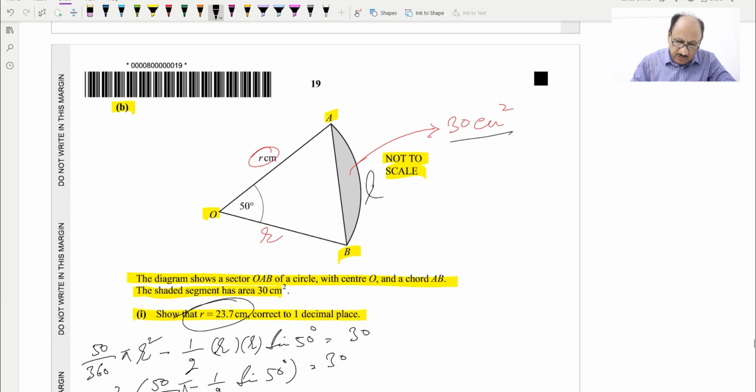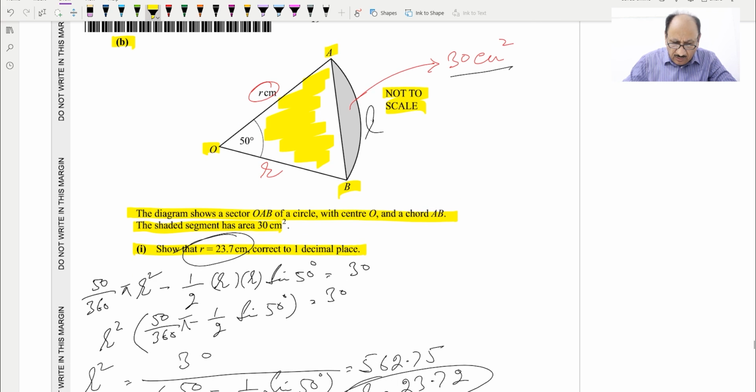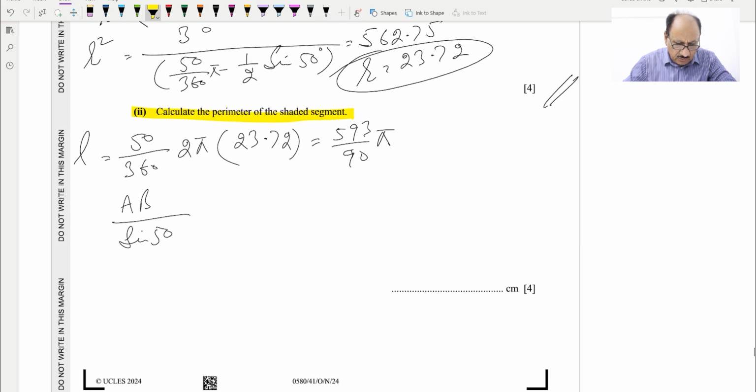We are using this triangle, and we are using basically the sine rule to find this length. So we can write AB over sine 50 is equal to OB over sine of 65.